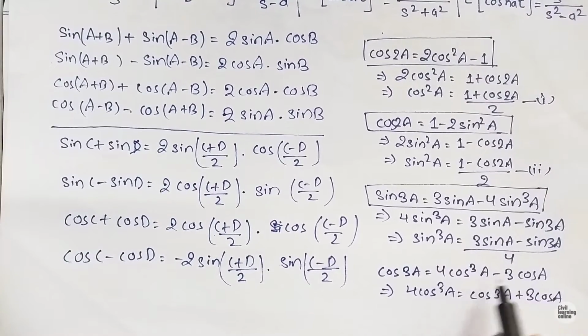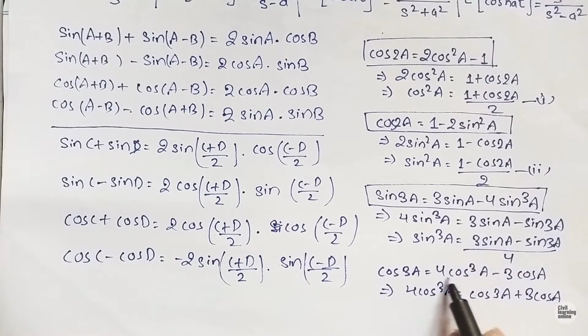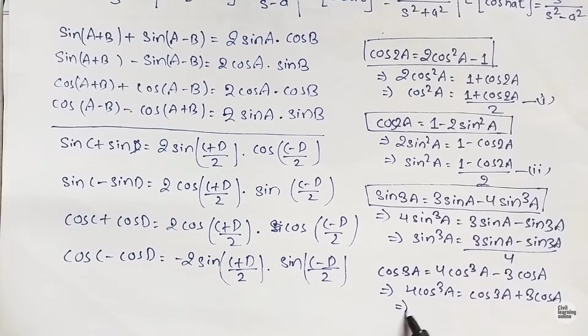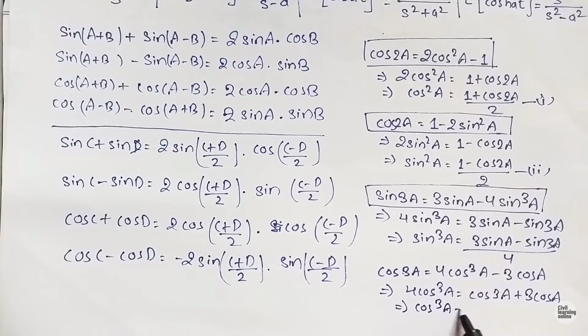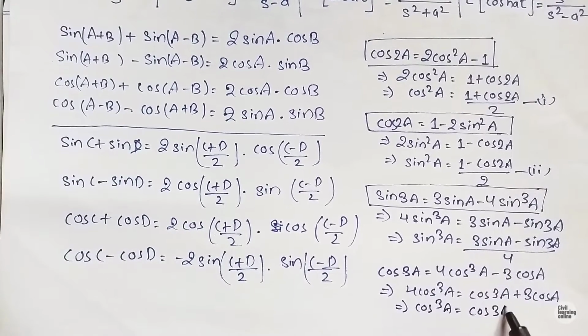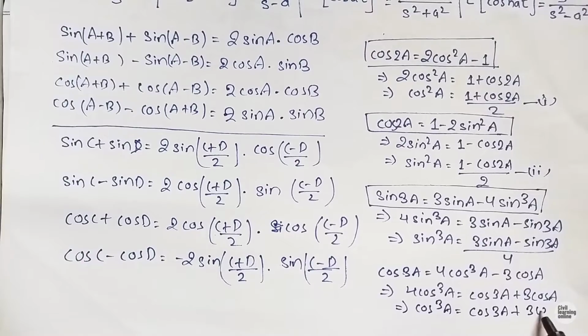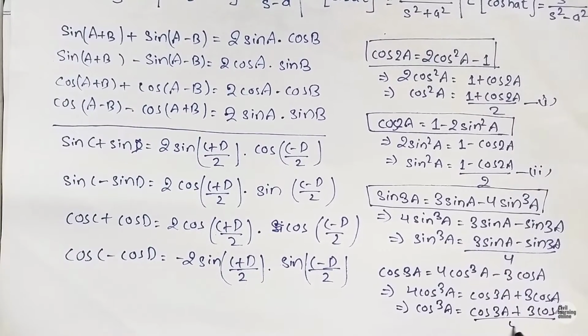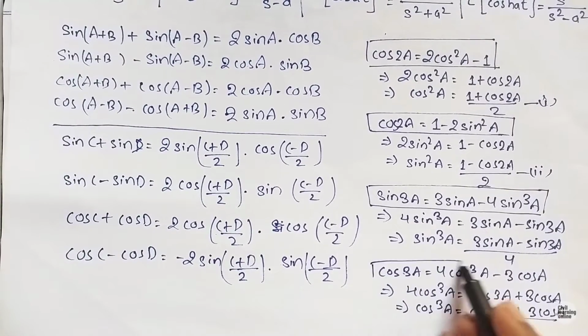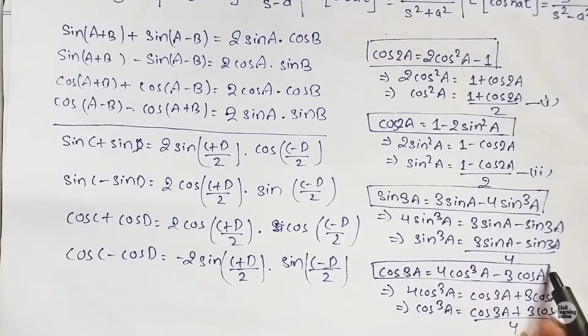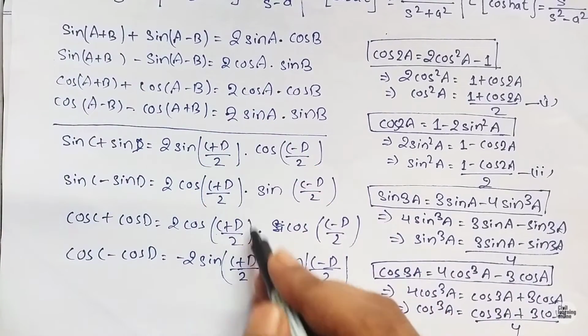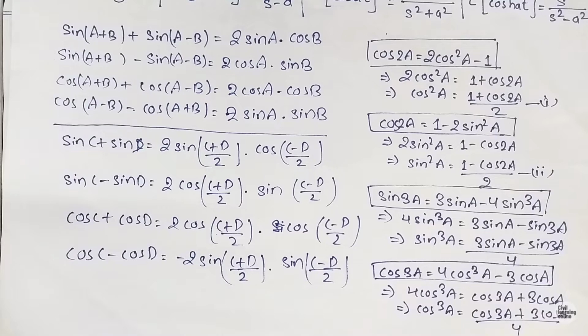I have done nothing, I have just brought this negative term to this side, so it becomes positive. So from here we will have cos cube a equals (cos 3a plus 3 cos a) divided by 4, and these four formulas are also important. You need to remember these formulas, as they are much needed for Laplace transformation.